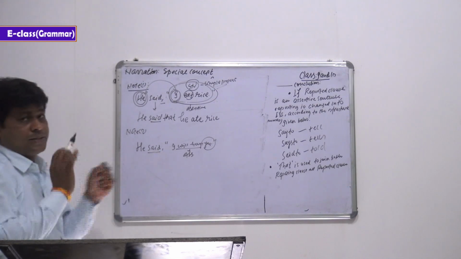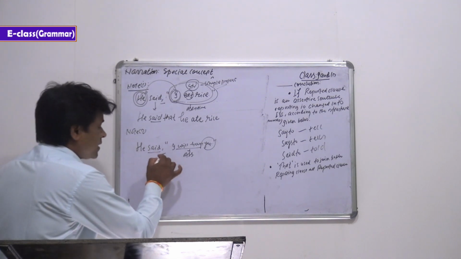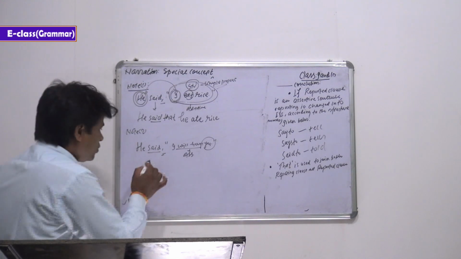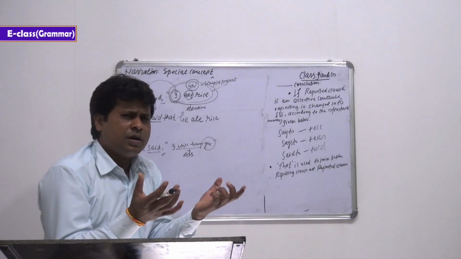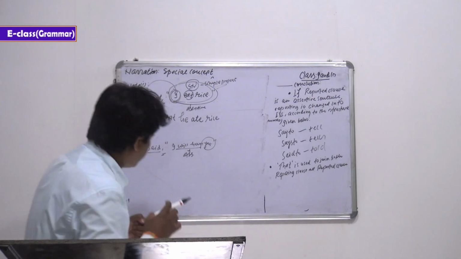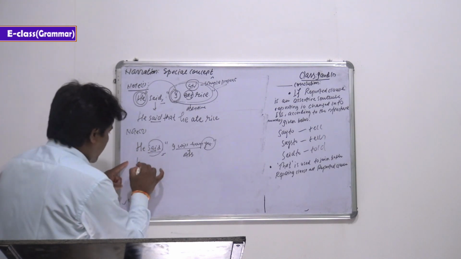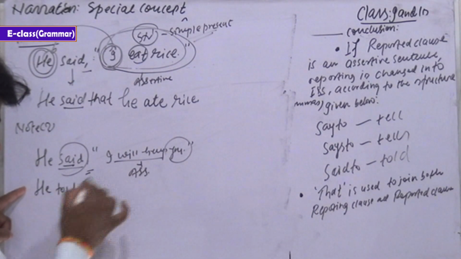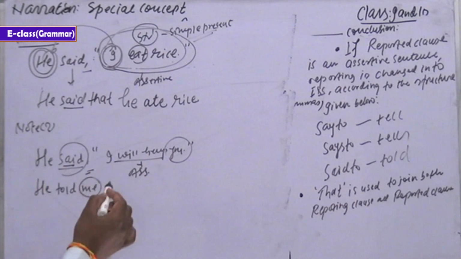In this case, we'll put an object ourselves. You can put any object, me, us, her, him, but generally me is placed. But whenever you put an object, said becomes told. So he told, now put an object here, me.